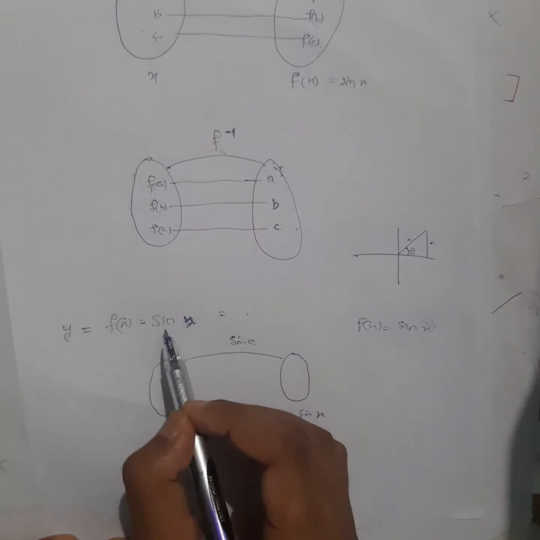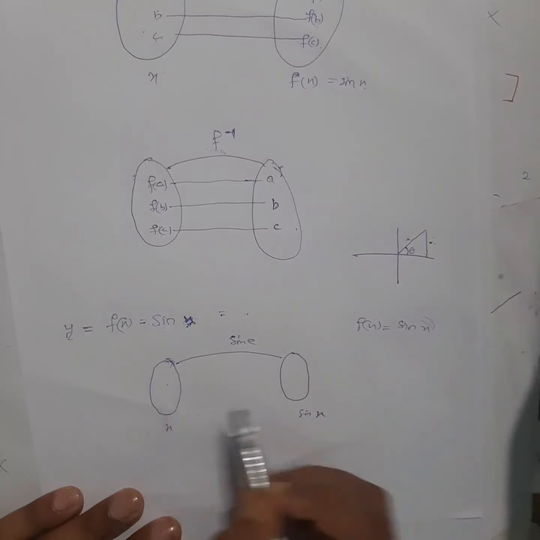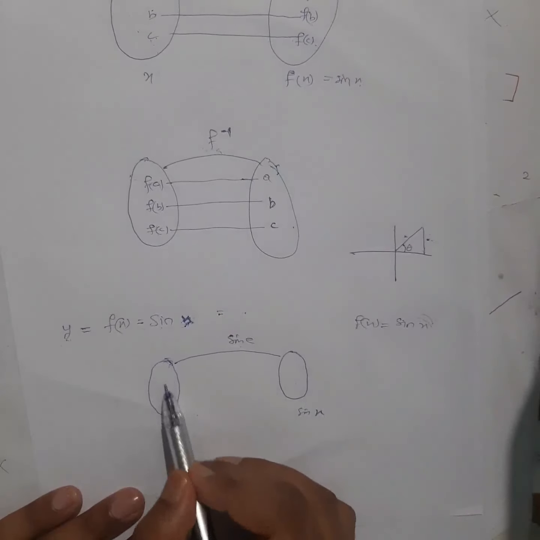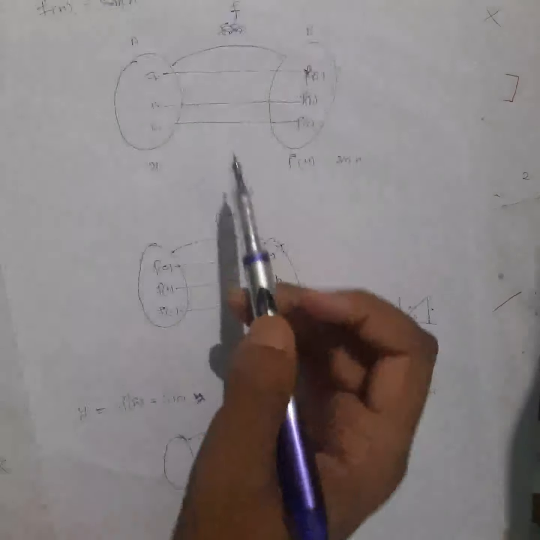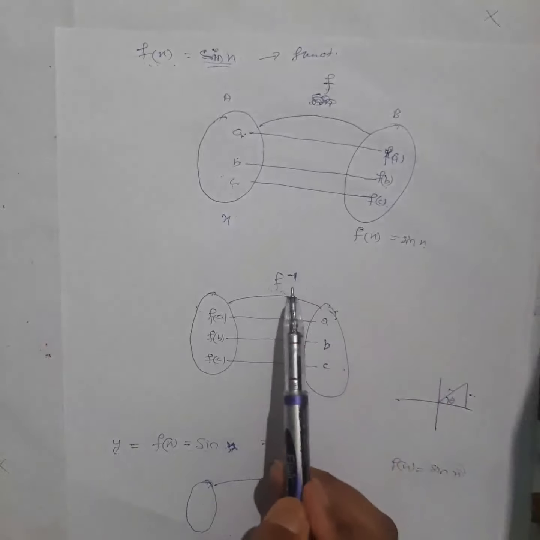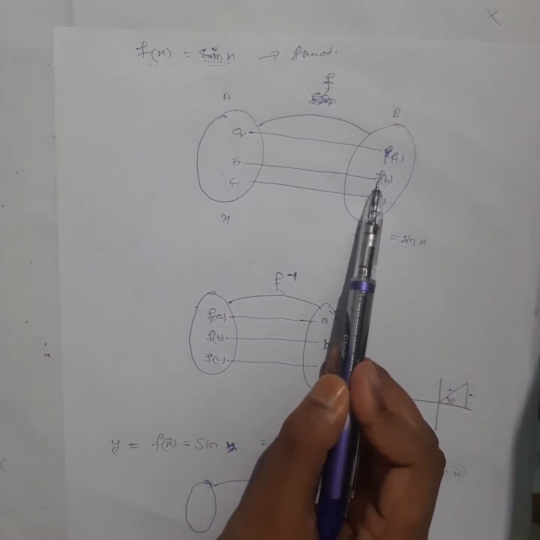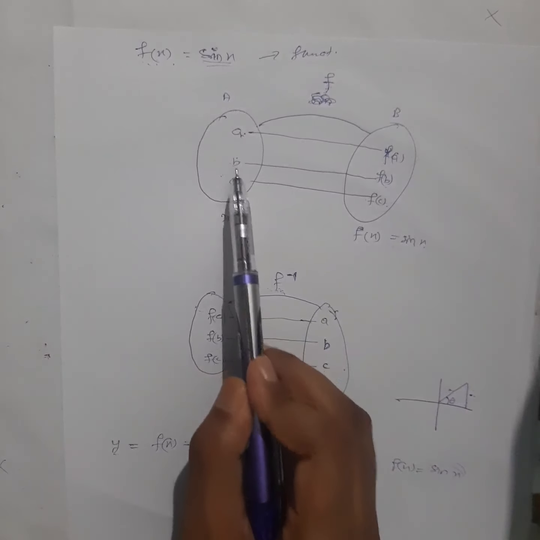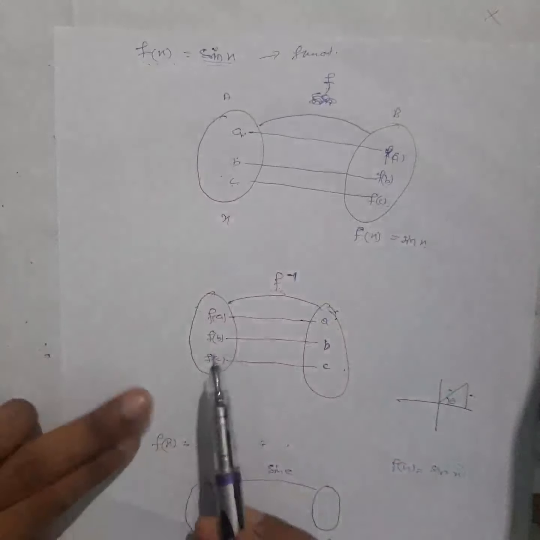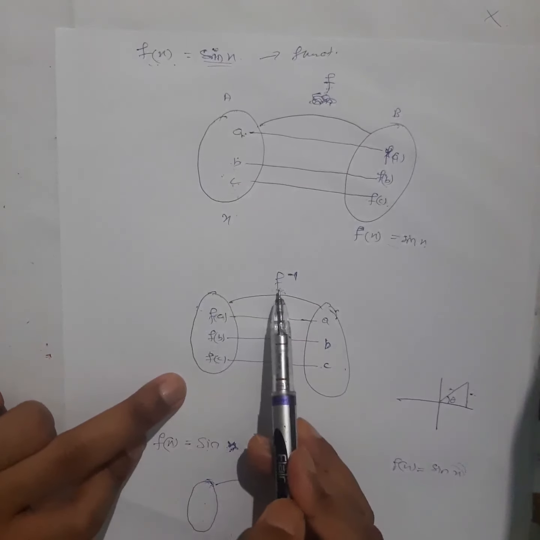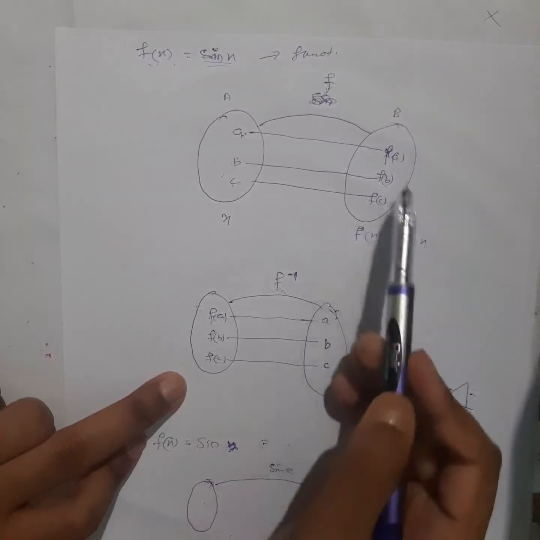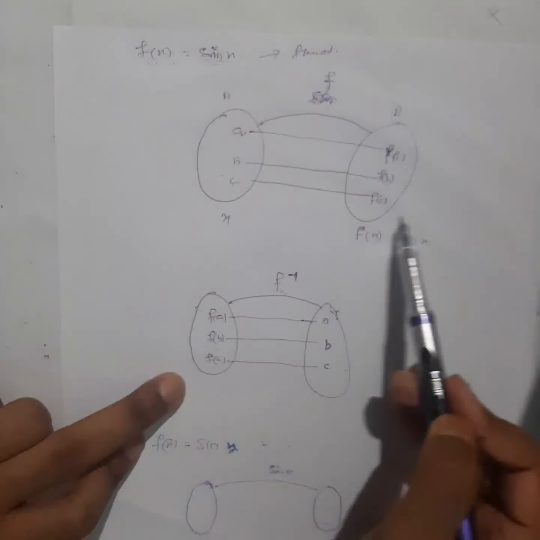Anyway, what we are trying to find here is the domain and range. Why are we finding the domain and range? Because to find the inverse of this function, we need the codomain and domain. Then only you can reverse it like this.